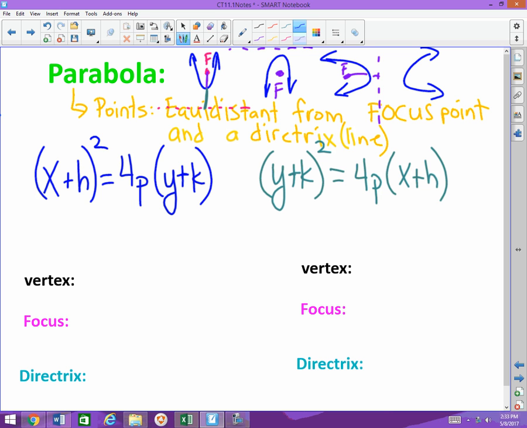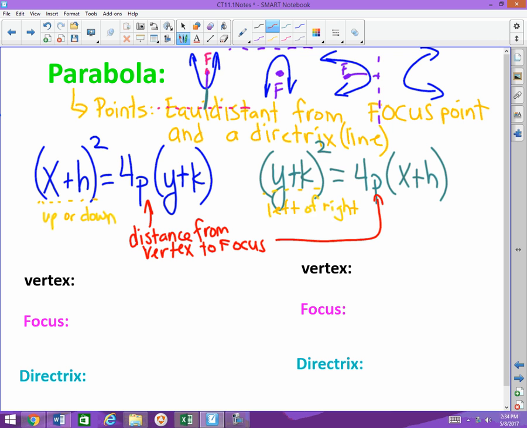And with these, when you have an x squared part, as opposed to a y squared part, an x squared part is an up or down. It's a function. And a y squared is a left or right. Then the value of p is the distance from vertex to focus.